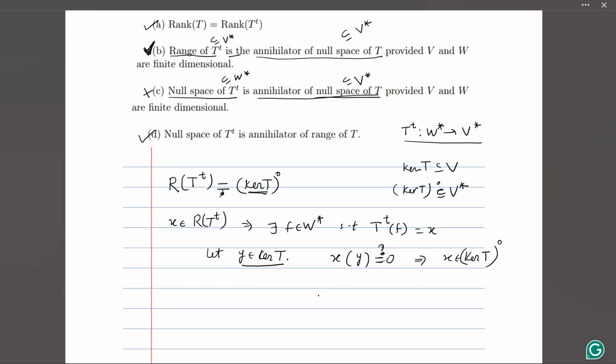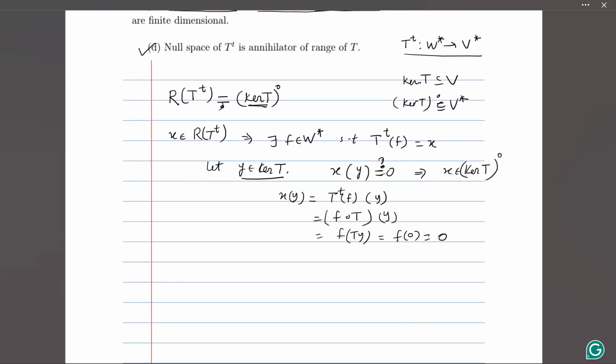So X evaluated at Y. We want to check if it is 0. This is equal to T transpose of F of Y. By definition of T transpose, it was F composite T evaluated at Y. But Y is in kernel of T, so F of Ty becomes F of 0, and F of 0 becomes 0 because F is a linear functional.